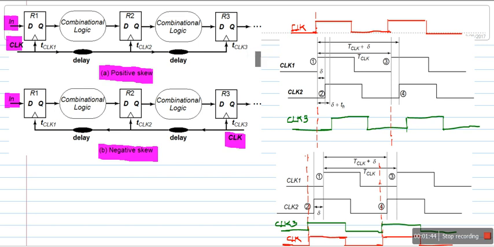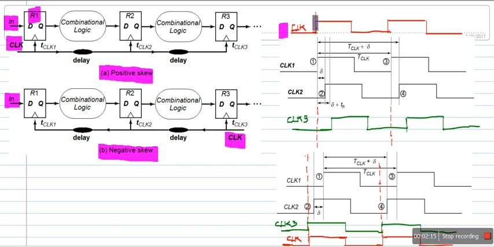Look at the timing diagram for positive skew, the first diagram. This diagram corresponds to positive skew. This is the main clock signal that is supplied to all the registers inside the sequential circuit. We can observe from this diagram that register R1 will receive the clock signal without any delay. This dotted line represents the reference signal of the main clock.